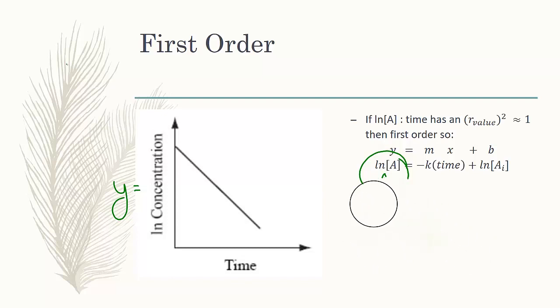X remains time, so that's pretty straightforward. And again, the y-intercept is the natural log of the concentration you initially started with. So in order to find the initial concentration, again, to undo a natural log, we raise e to that value. Natural log of concentration versus time will also provide a negative slope. So again, the absolute value of our slope is the value of our rate constant.